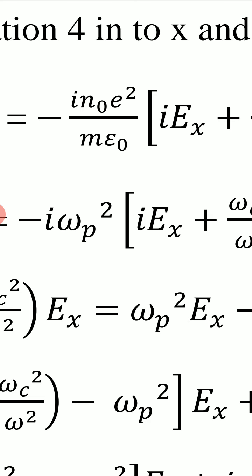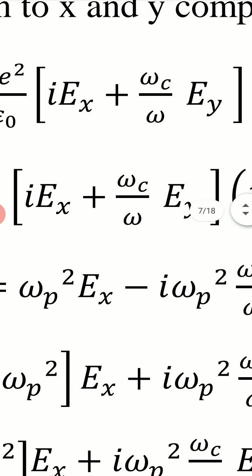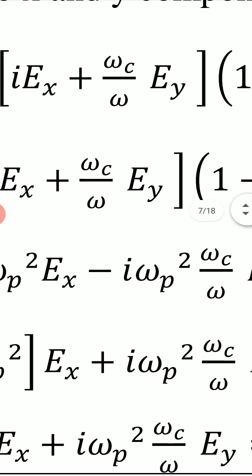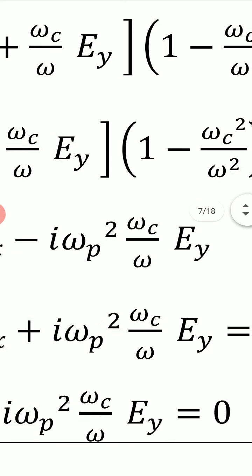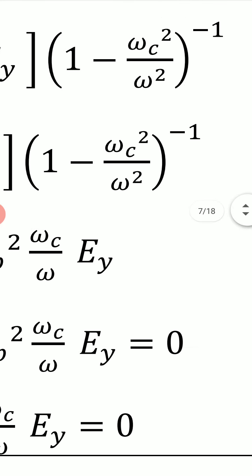Omega p is the electron plasma frequency. Omega p, the electron plasma frequency, is under root n0 e square upon m epsilon 0. So we write the term with minus i as omega p square, and inside the bracket we have i Ex plus omega c upon omega Ey into 1 minus omega c square upon omega square to the power minus 1.